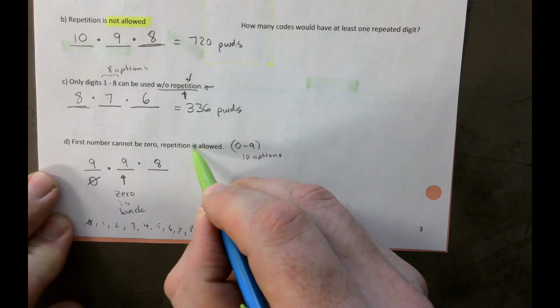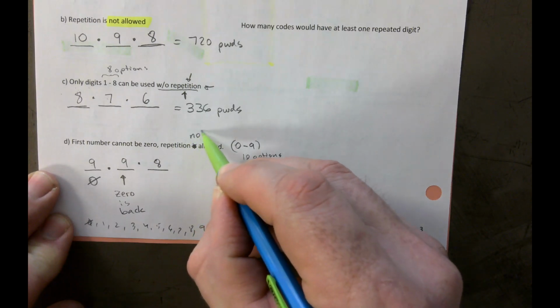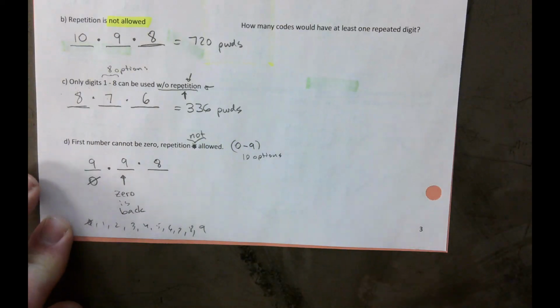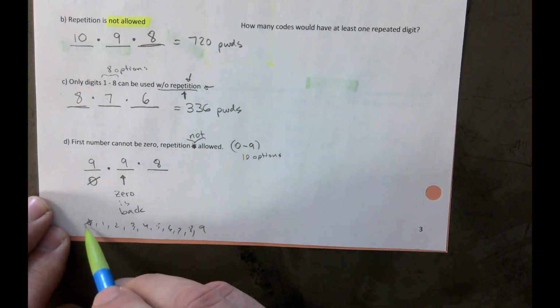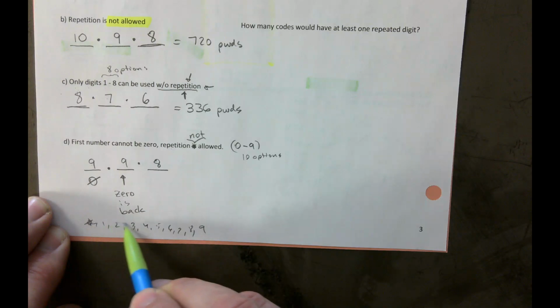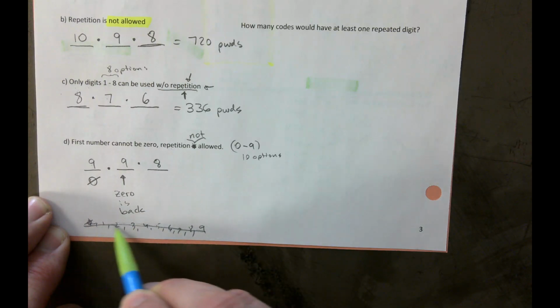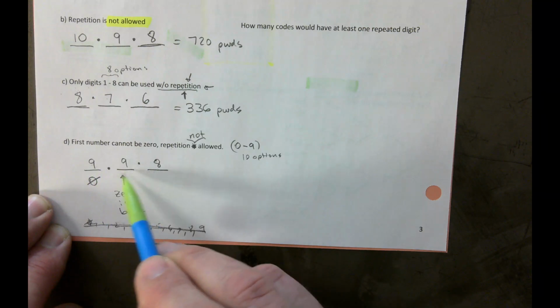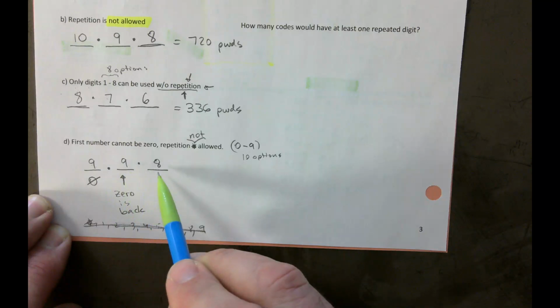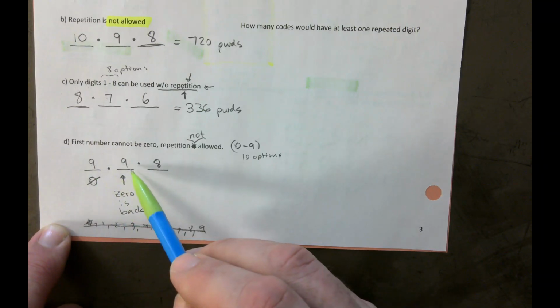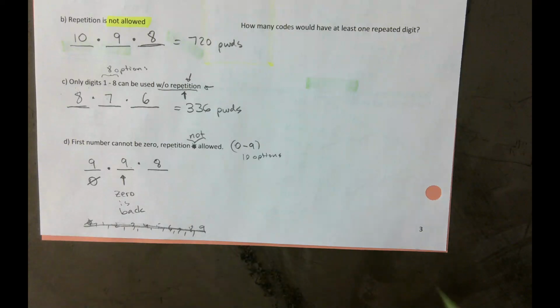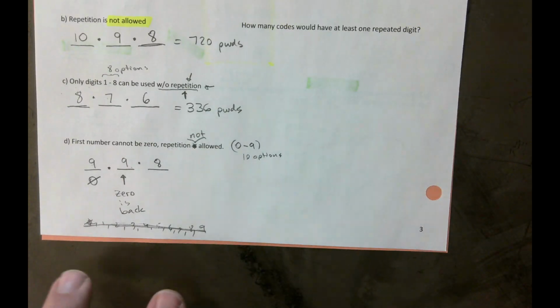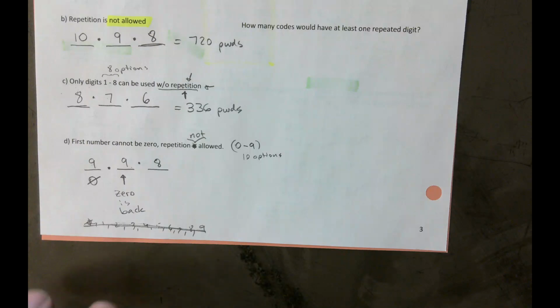Repetition not allowed. Sorry about that. So can I cross this out here? Yeah, sorry about that. Does this make sense though if repetition is not allowed? Okay. So 9, 9, 8. Yes. So you're going to have to practice a bit and maybe hopefully your teacher doesn't mess you up like this.